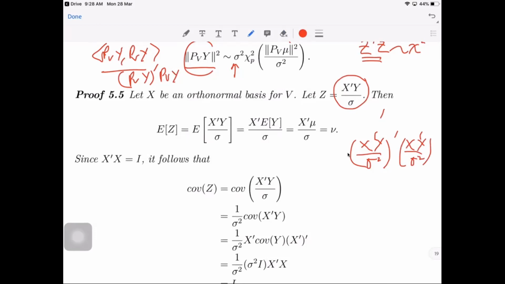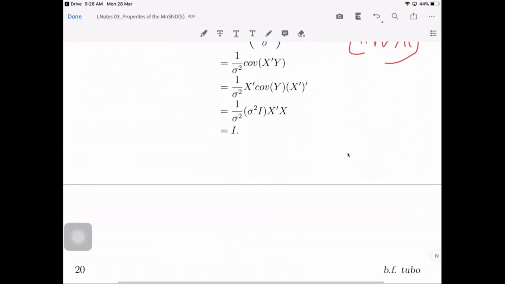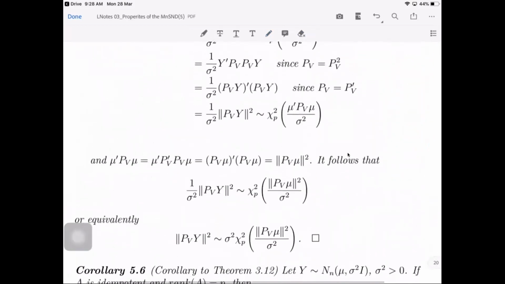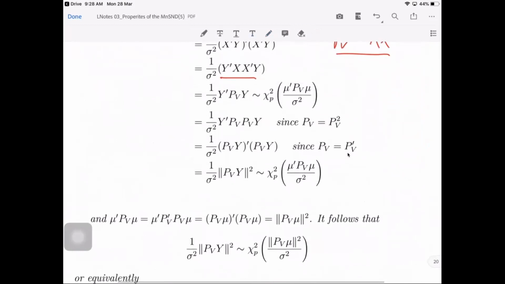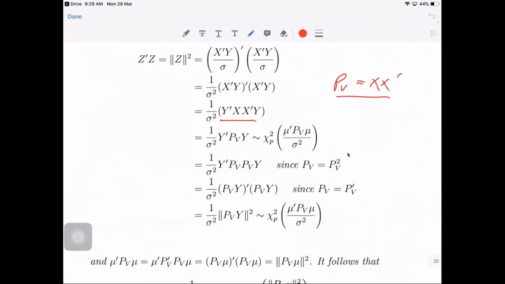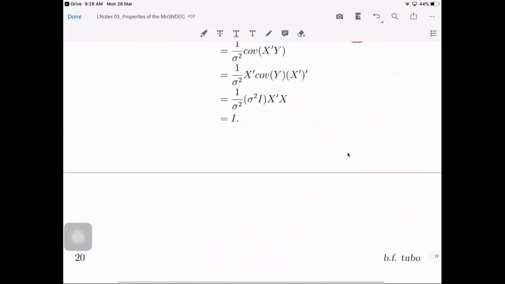PVY square norm should come out, no? So let us look. Actually, before, it already looks like this, we manipulated it backwards, no? Usually when we prove, you manipulate it backwards first so that you know what it looks like in terms of X and Y, no? So the flow of that is here. Okay? So that is it.